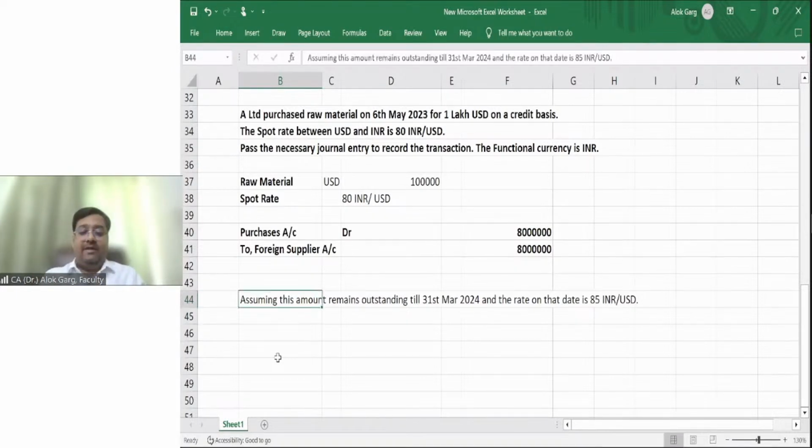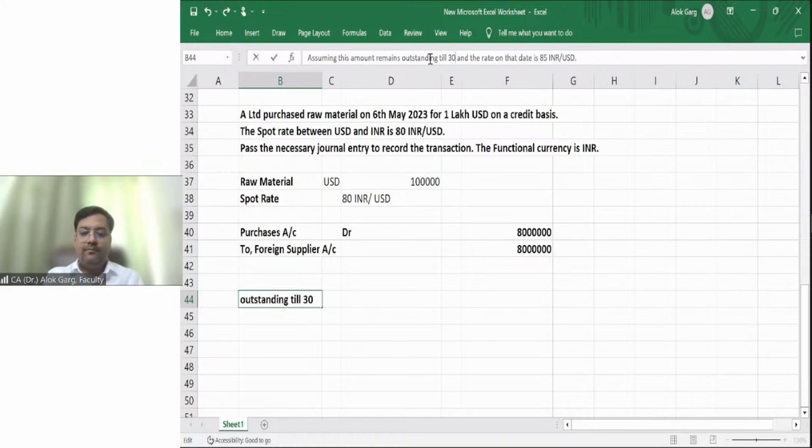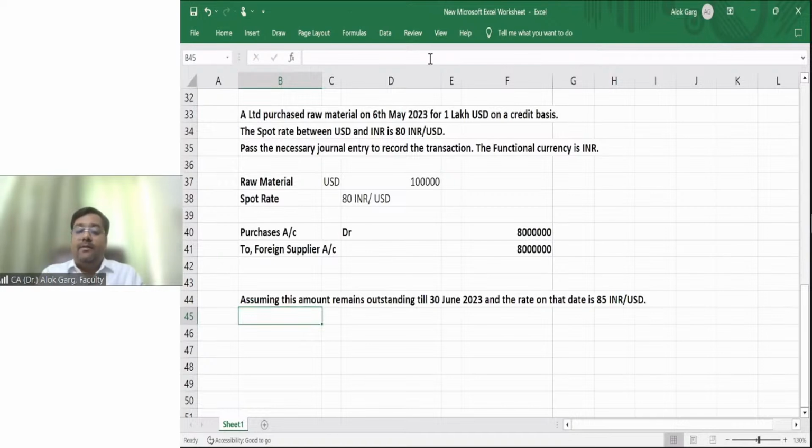Now what will happen? For example, or let's say it is a listed company, and the amount remains outstanding as on 30th June 2023, right? So friends, I am talking about subsequent measurement, right?